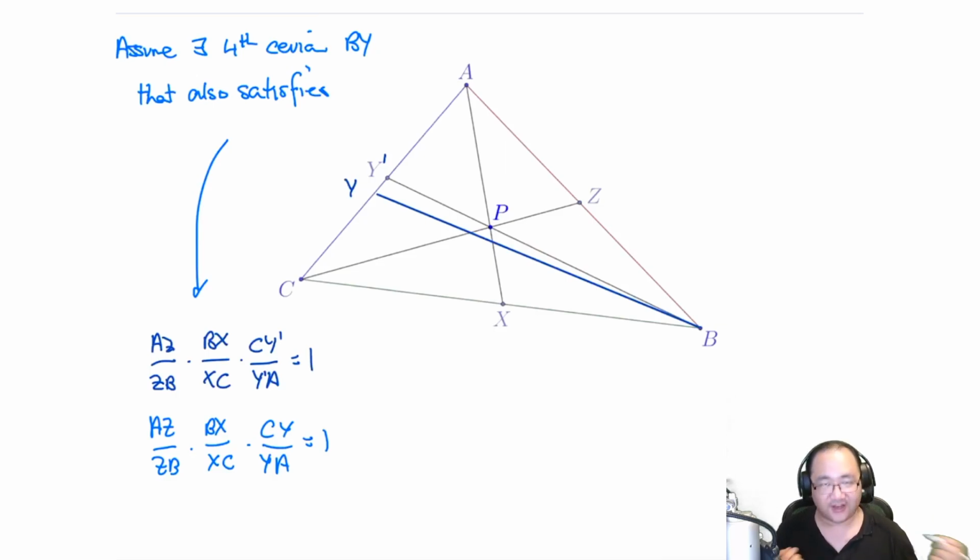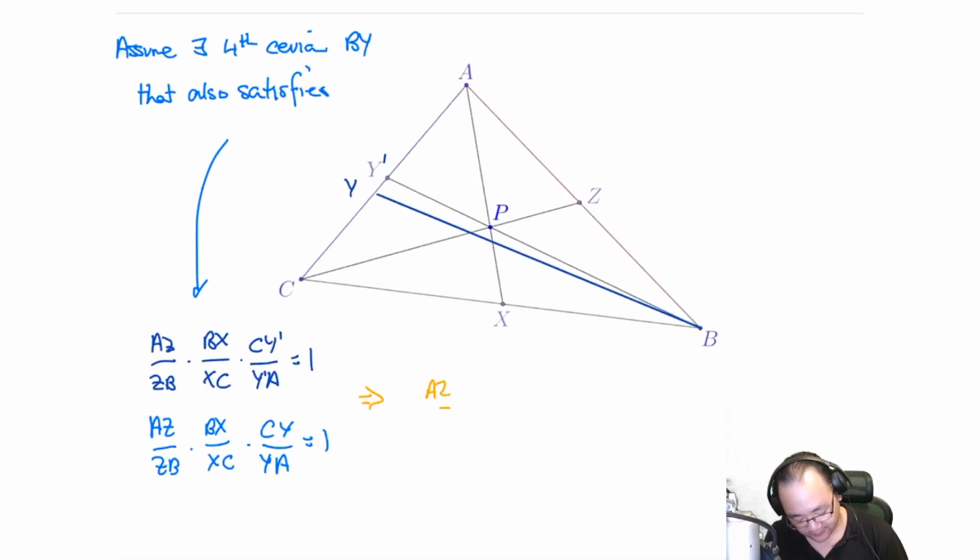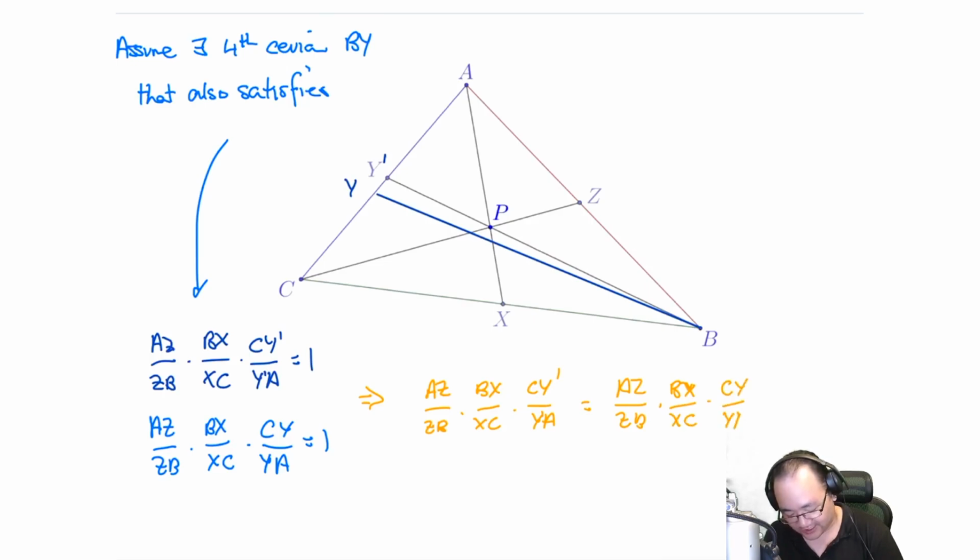Effectively, we're going to make them equal to each other, which is as boring as it can get. So we get AZ over ZB, BX over XC, CY dash over Y dash A, and that's equal to AZ over ZB, BX over XC, CY over YA.